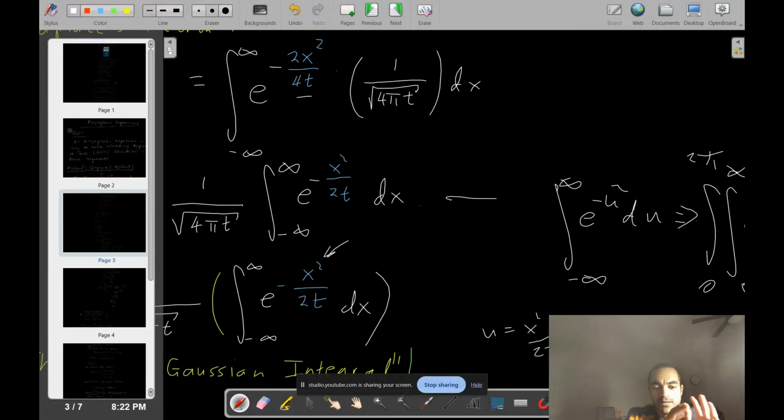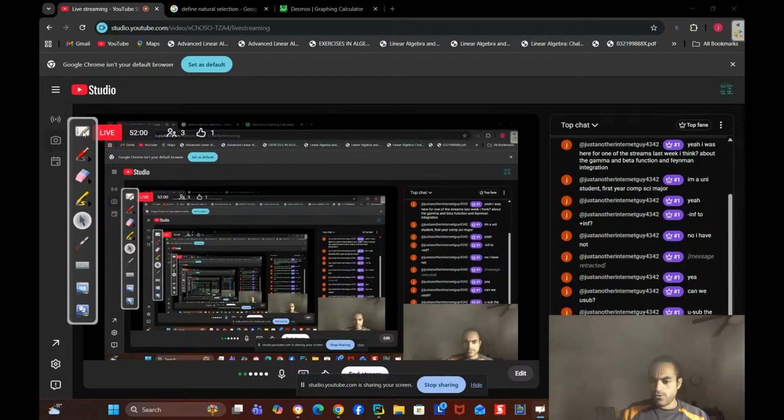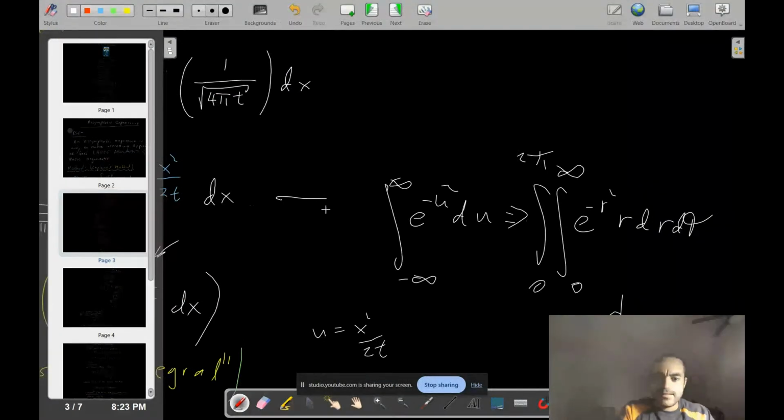You want to get your integral in terms of e to the negative u squared, such that it's e to the negative u all squared. With u being x squared over 2t, it becomes a bit of a problem, and then the differential will be somewhat of a problem for the du. You know what I mean, right? You want to get it like this.